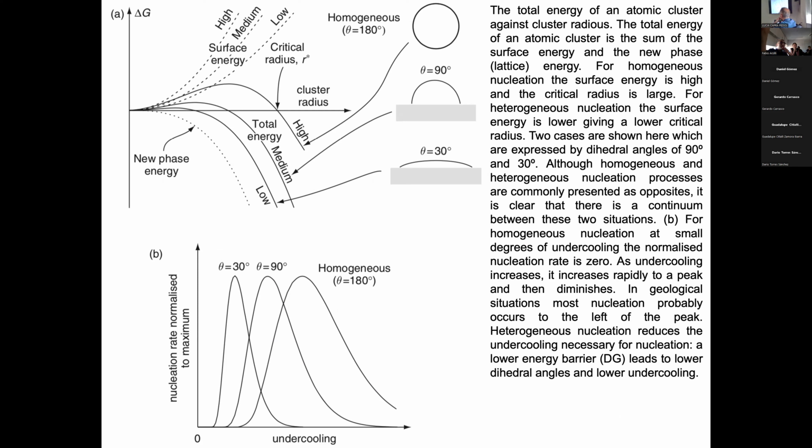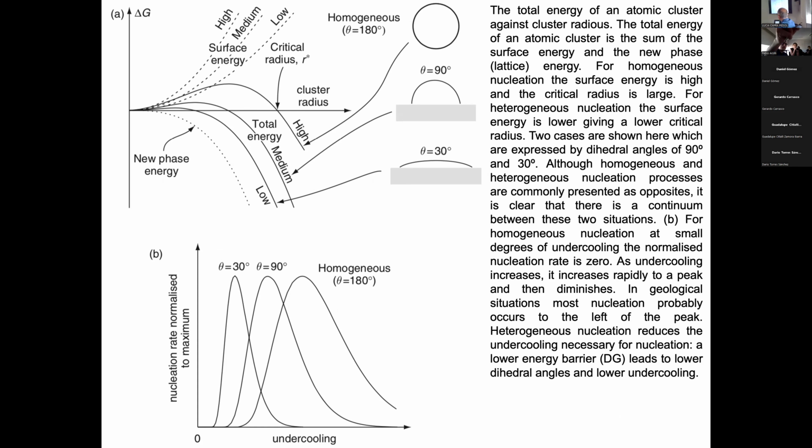Instead, a nucleus with an intermediate angle will have an intermediate energy and critical radius, so the energy and the critical radius will be reduced, depending on the wetting angle.